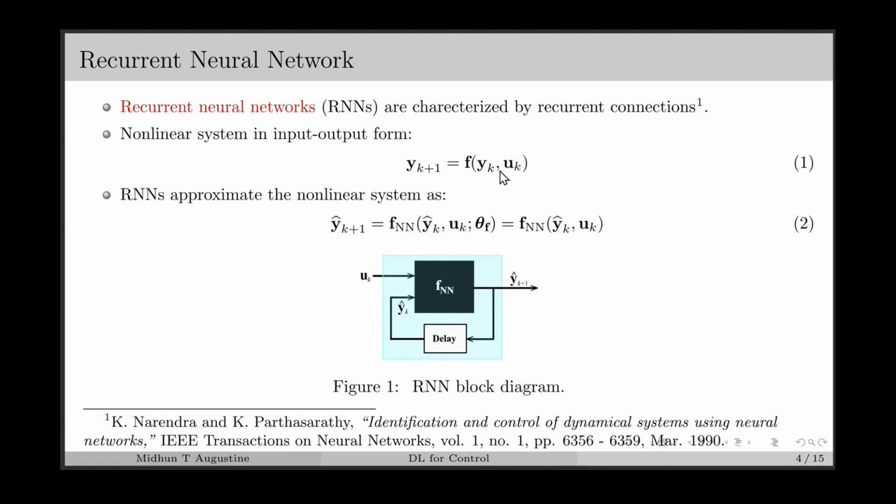We can use RNNs as in equation 2 to approximate this model, where f_nn will be an approximation of the function f. ŷ_{k+1} is the output predicted using the RNN model, which will be an approximation of y_{k+1}. And theta_f contains all the parameters, which consist of the weights and biases of all the layers in the neural network.